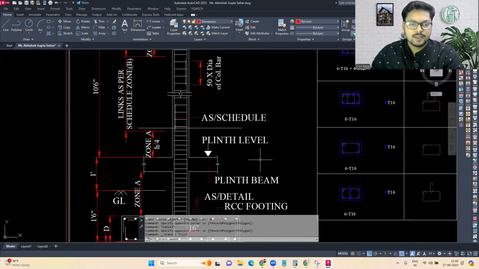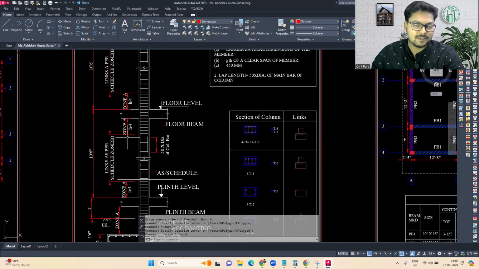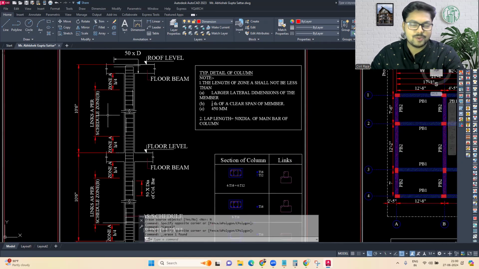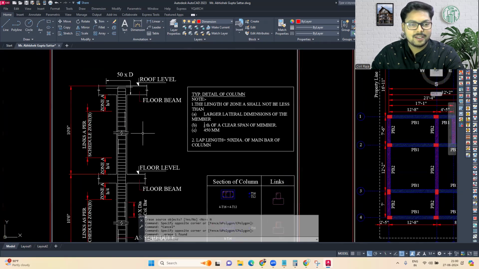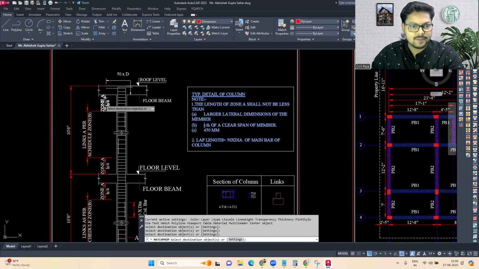Now this is our plinth beam. So a lot of things change when we have to import something. Now let's see if we can match the property. Basically we can do it.